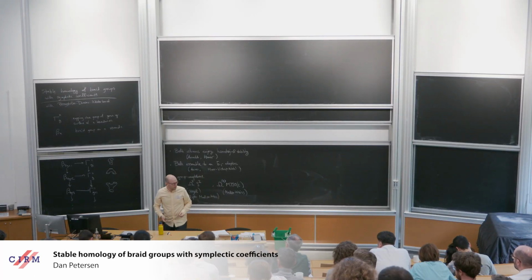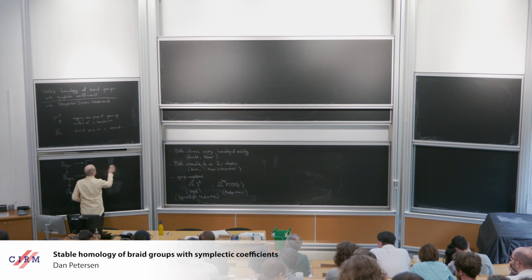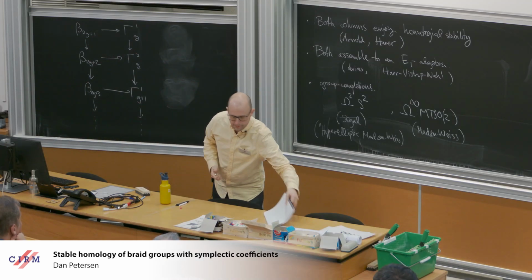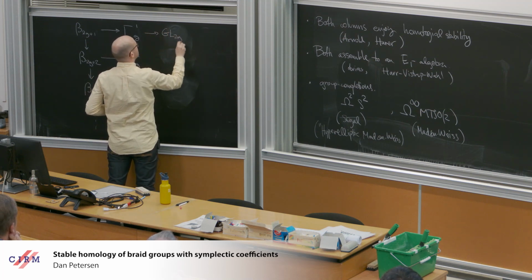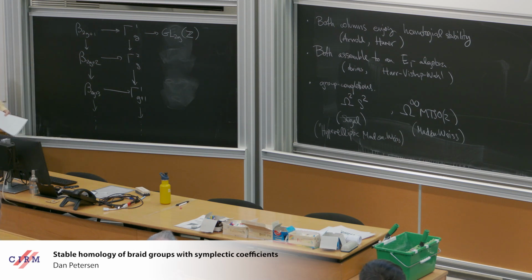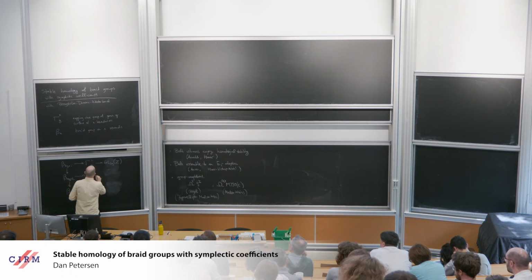Now we can decide to augment this diagram a little. So I can consider this map that assigns to a mapping class its action on the first homology of the surface.